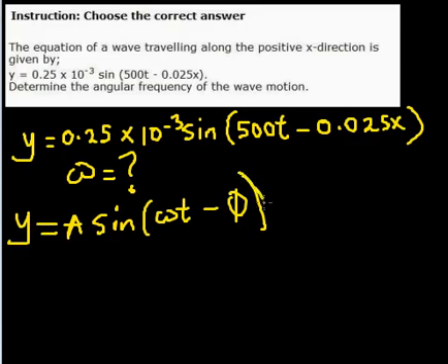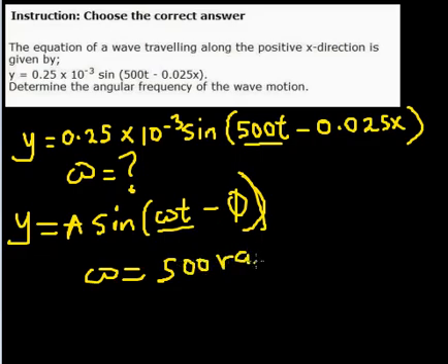Comparing this, we discover that 500t is omega t. The angular frequency is the coefficient of the time, and the coefficient of the time in that wave is 500. So that's 500, measured in rad per second.